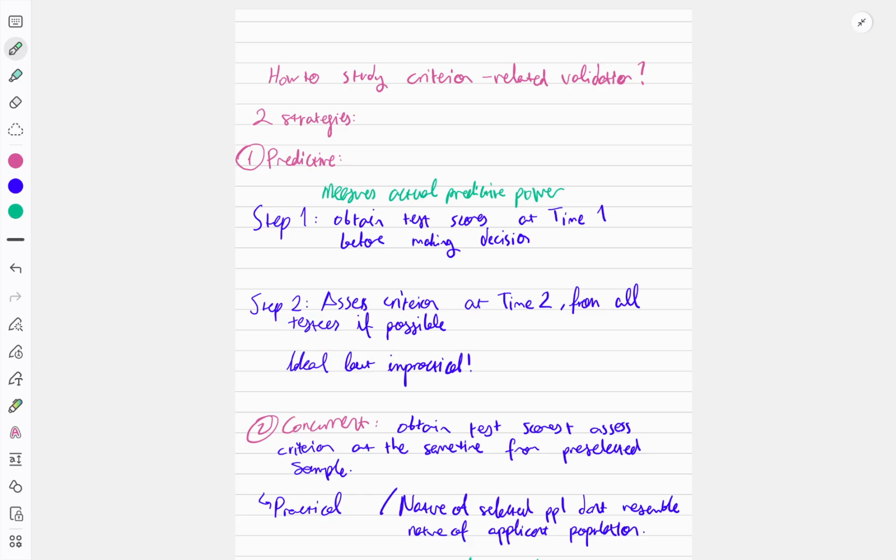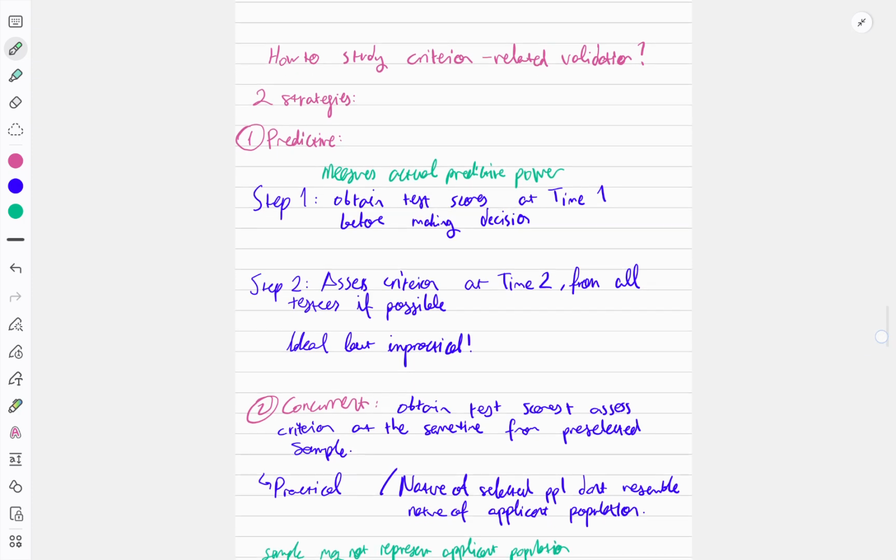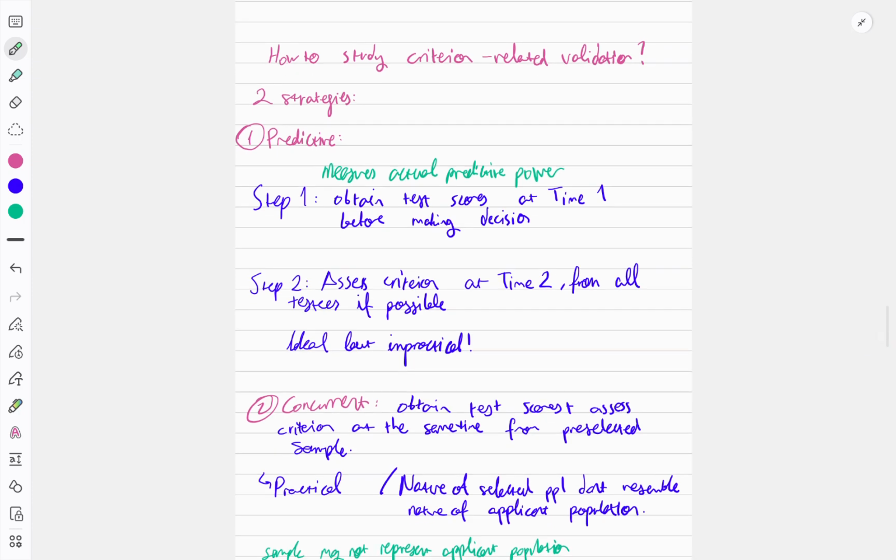We obtain test scores at time 1 before making a decision. We look at their SAT scores, then look at the same people's GPA scores 1 year later in their freshman year. It's ideal because we can genuinely see if it's predicting or not, but it's impractical because it takes a very long time.